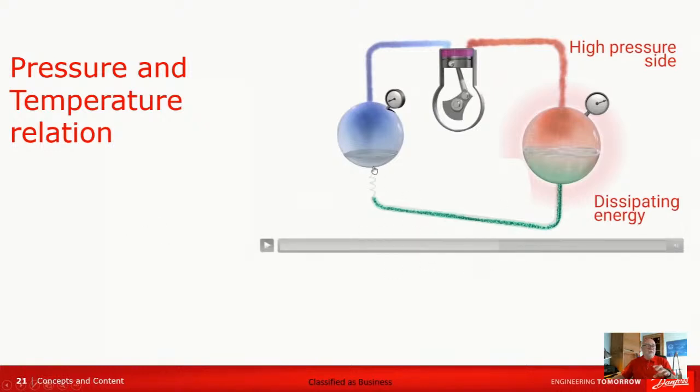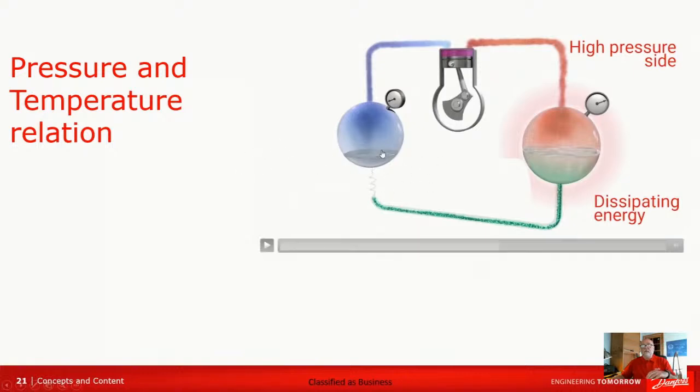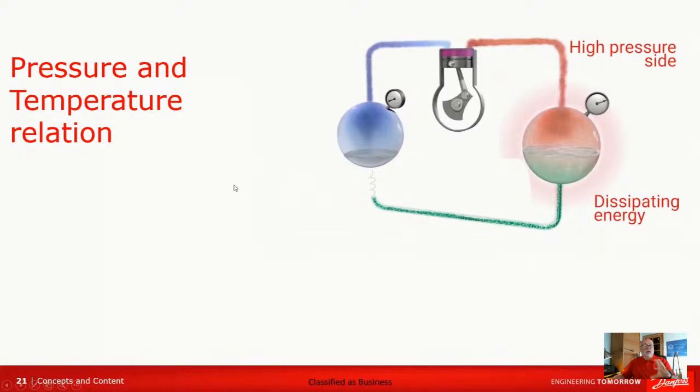No. There are limits, of course, but it's always a good idea to have at least some 10 to 15 Kelvin subcooling. Depending, again, of course, on system and what the requirements are. So subcooling is, very basically, the additional cooling of the liquid refrigerant.